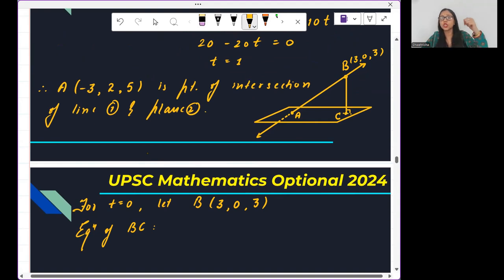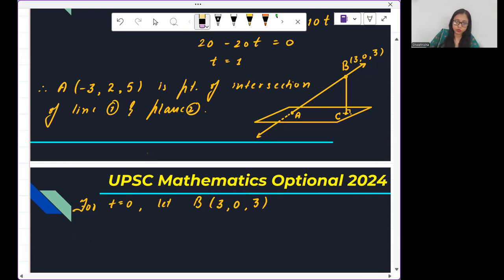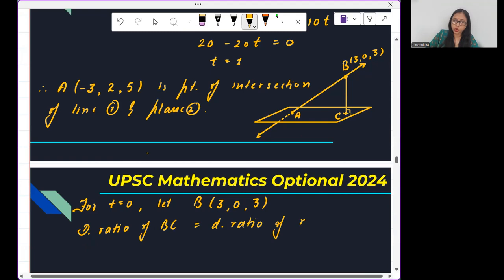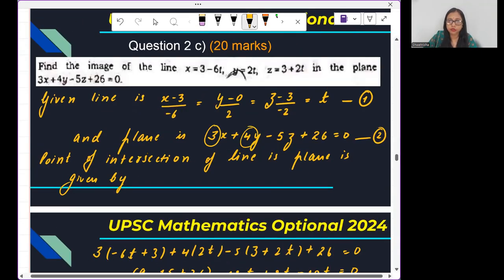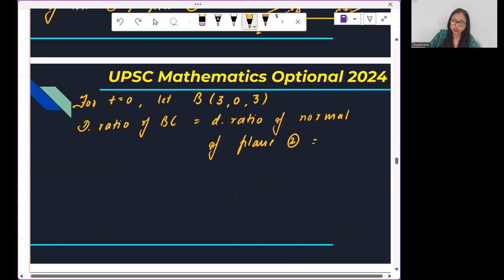This is perpendicular to the plane. So direction ratio is same as the direction ratio of normal. So first of all, direction ratio of BC is direction ratio of normal of plane 2. And what is it? Coefficients 3, 4 and minus 5. So 3, 4 and minus 5 are the direction ratios.